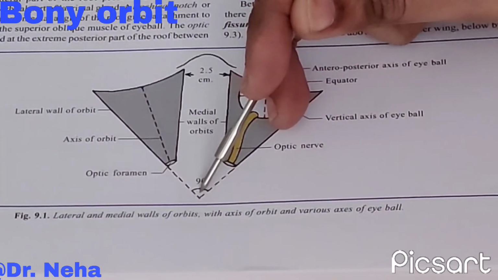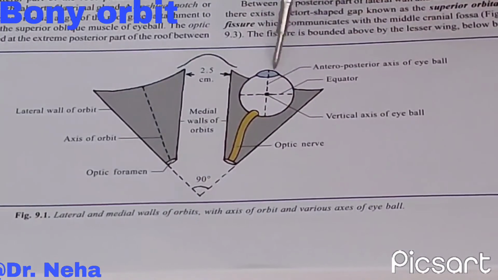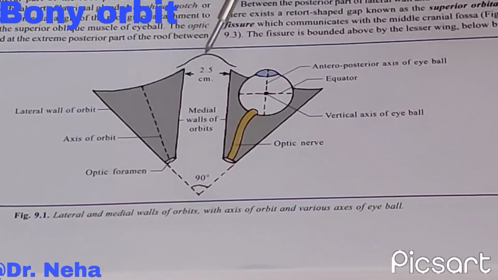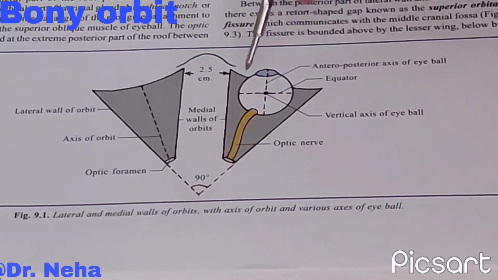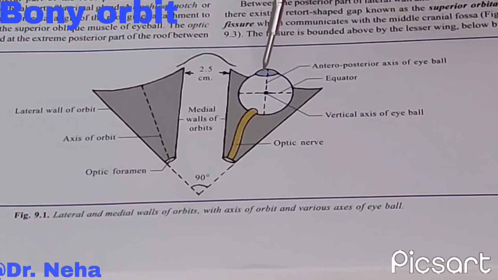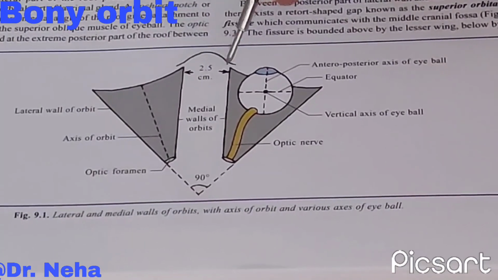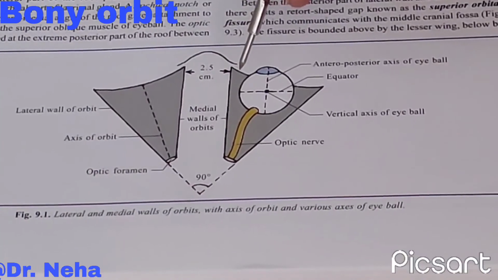The orbital margins at the base measure about 35 mm in height and 40 mm in width. The orbital index can be calculated as the maximal orbital height divided by the maximal orbital breadth, multiplied by 100.